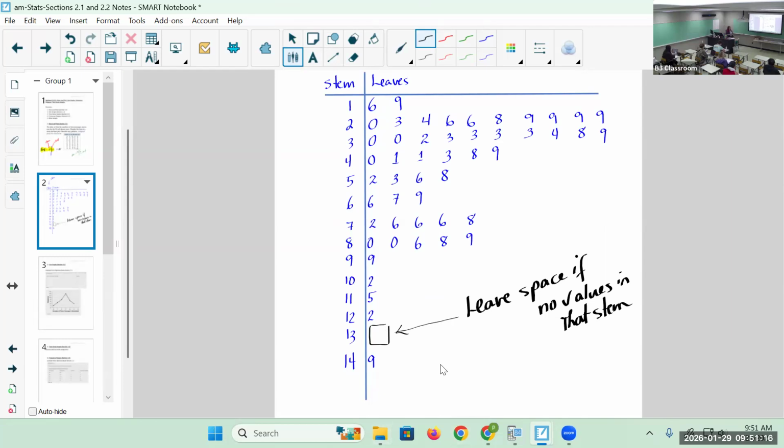So there are a lot of things that you can say about that. Your leaves are telling you how many entries you have, in a way, like frequency. They're not classes, they're stems. And they're not bars, but they're lining up and you're seeing you have that many entries in there. Any questions on that?